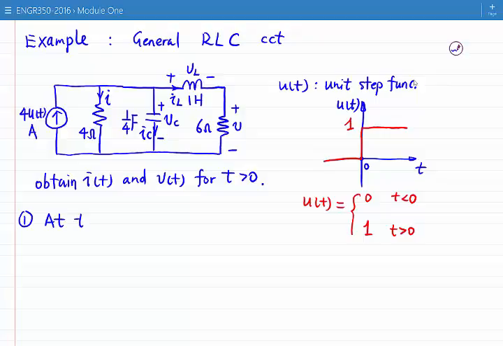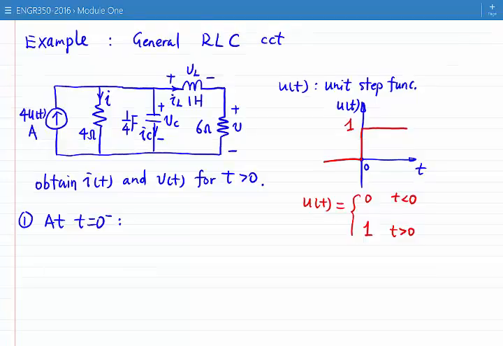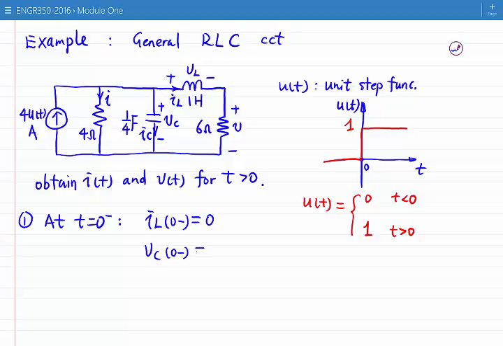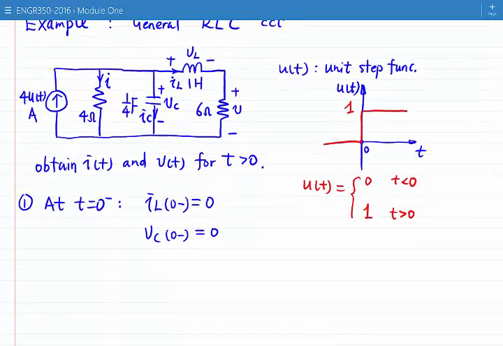At t equal to 0 minus, when t is less than 0, the current source is 0. So the inductor current IL(0-) is 0, and the capacitor voltage Vc(0-) is also 0. There is no initial charge because the source is 0 when t is less than 0.